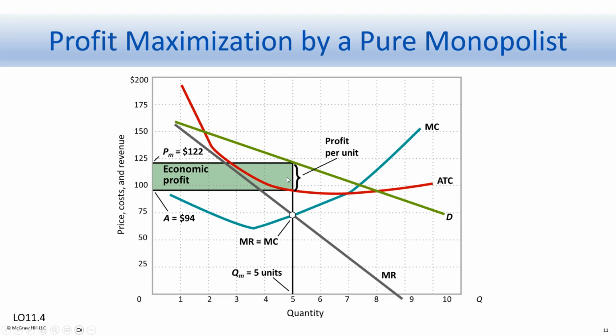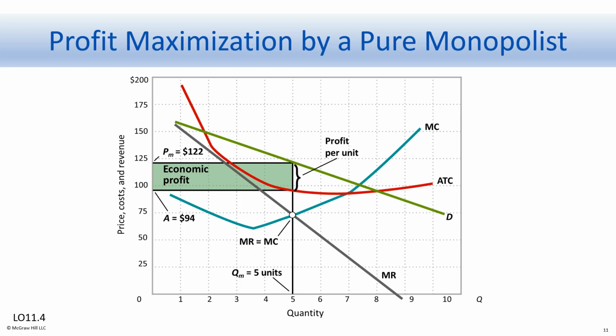Then you extend the vertical line up from the quantity to the demand curve to get the price. So you've got the price here, and you've got average total cost on the ATC curve, which opens up a margin on each unit. That average profit is the difference between price and average total cost, and you multiply it by the number of units to get the area of that green rectangle, which is the economic profit.